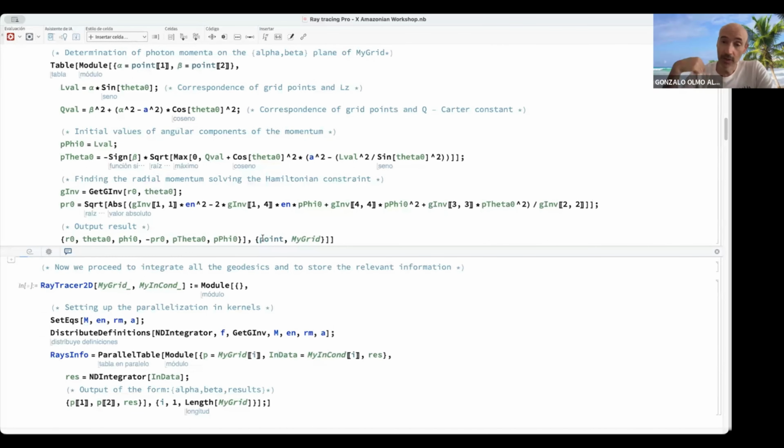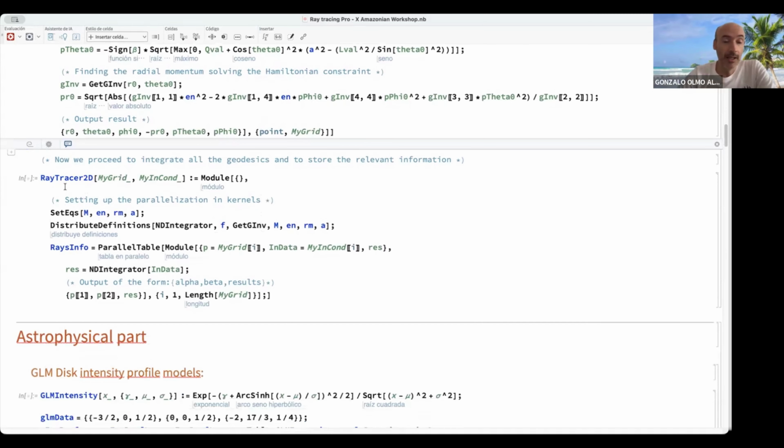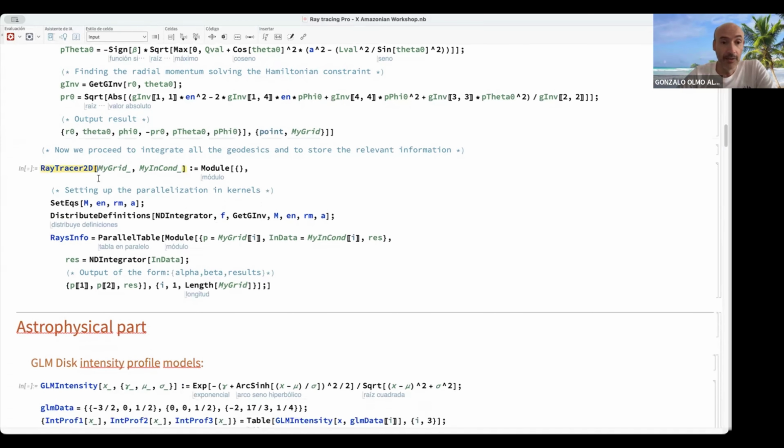So we have the grid, we have the initial conditions for that grid, and now we only need to iterate the integration of one geodesic for all the points of this grid. So we need to give the grid and the initial conditions for that grid. Then we set the equations for chosen values of the mass, the energy, and the parameters of the metric.